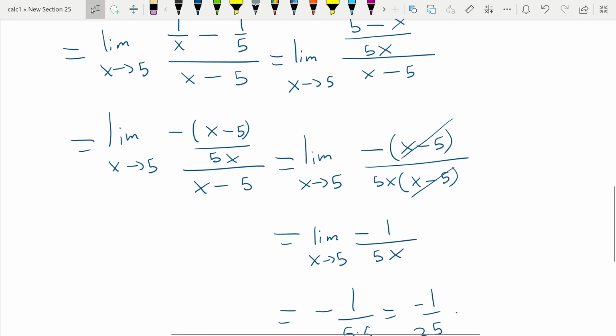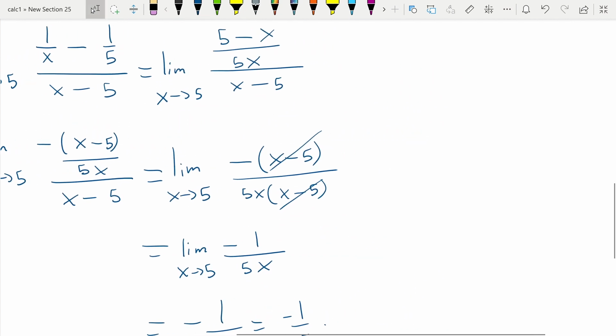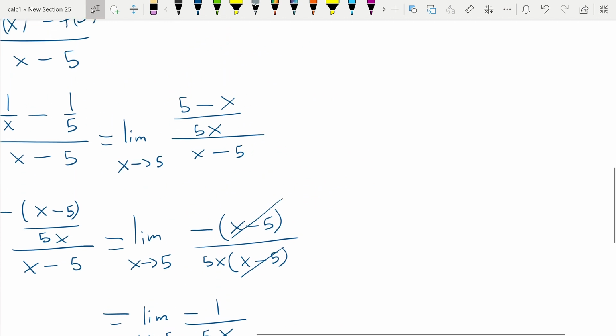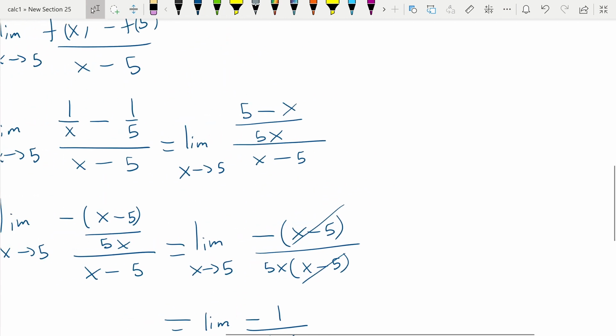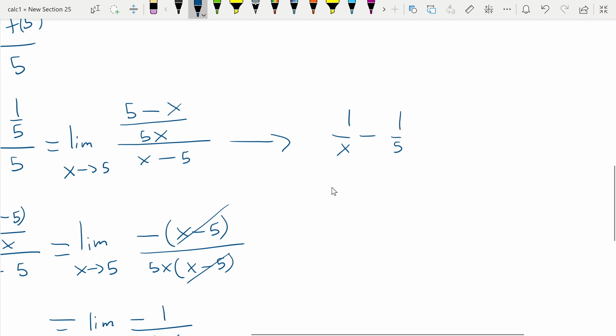Just in case you are struggling with some of the more elementary algebraic steps in this derivation, what I did here is 1 over x minus 1 over 5. We cross multiply, so we multiply and divide by 5, so 5 over 5x, minus 1 to get a common factor.